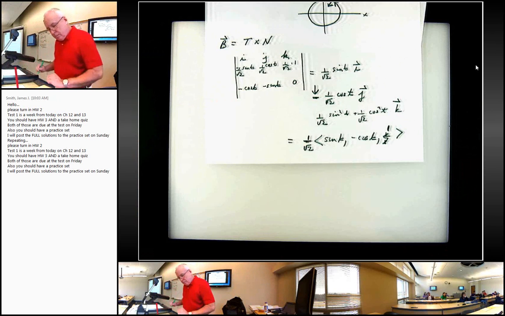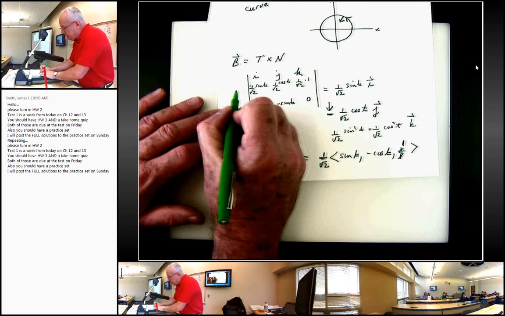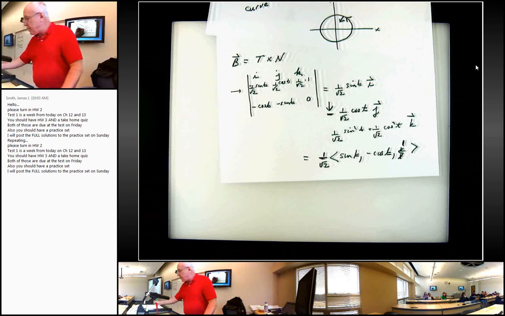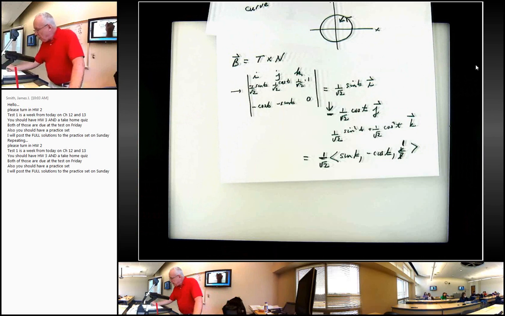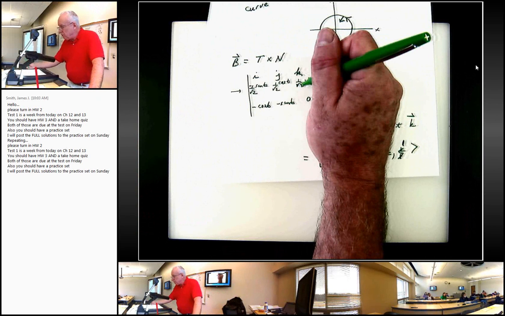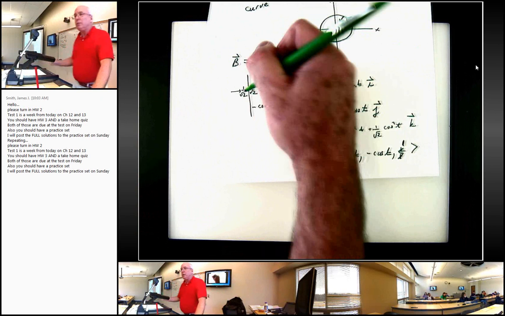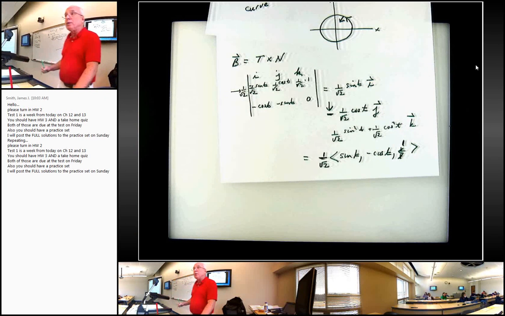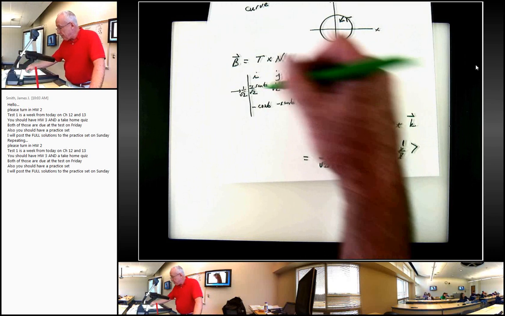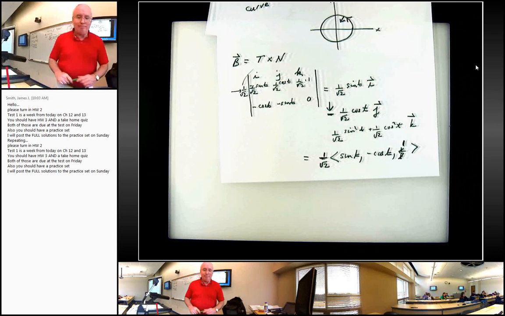Now, I just want to point this out. I could have made life a lot easier for myself when I was finding this determinant. All of these items in this row have 1 over the square root of 2. I could very easily have carried that out to the front of my determinant as 1 over the square root of 2, and then not had to deal with those here, but I would have had to carry that over for each individual item.